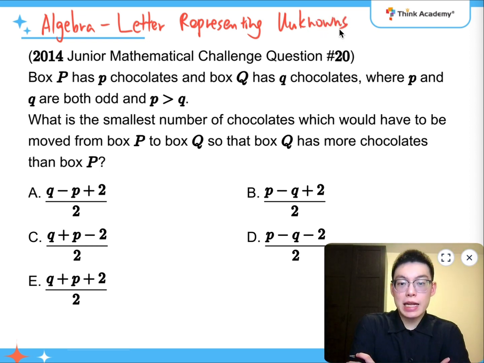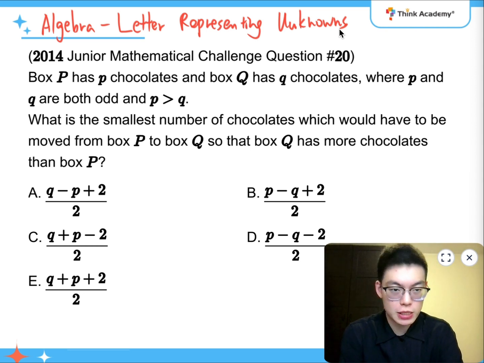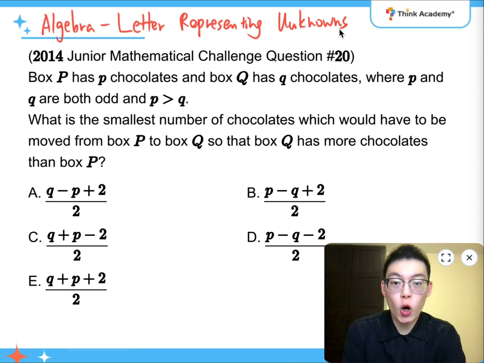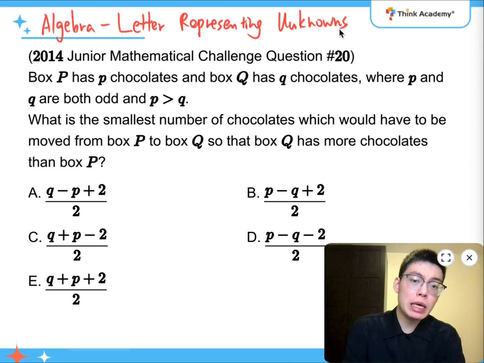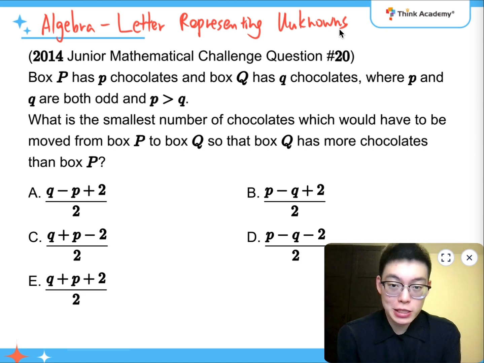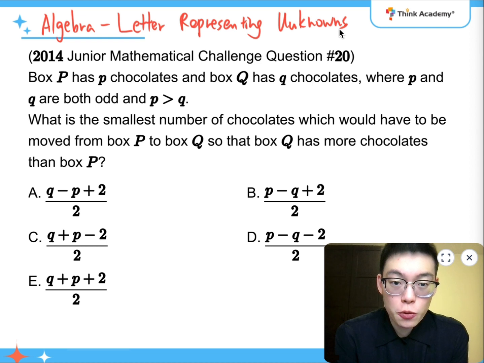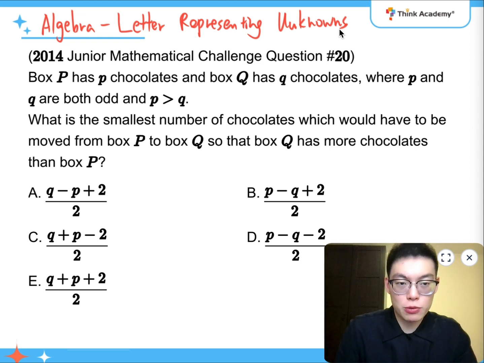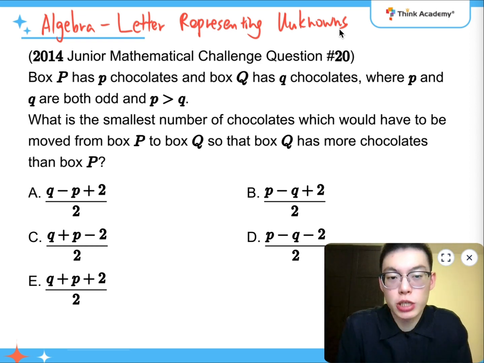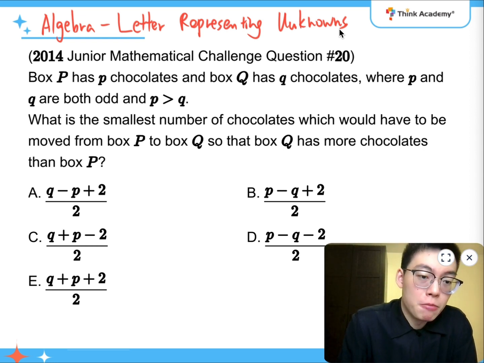So now it says that box P has P chocolates, box Q has Q chocolates, where P and Q are both odd and P is greater than Q. So it means that P and Q are odd numbers. There is more chocolate in box P than box Q, right? So it is asking you what is the smallest number of chocolates which would have to be moved from box P to Q, so that box Q has more chocolates than box P.